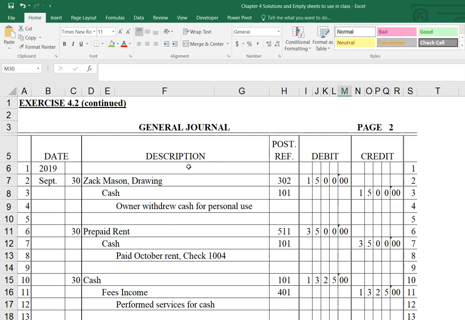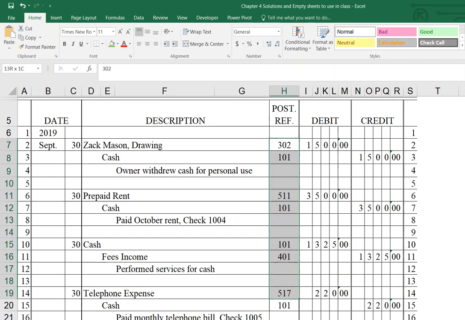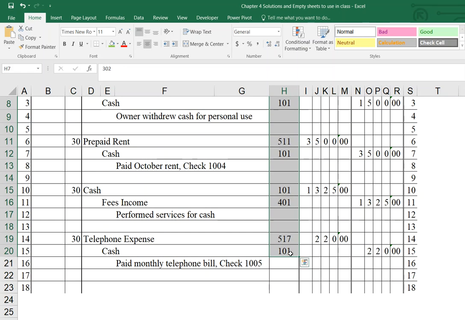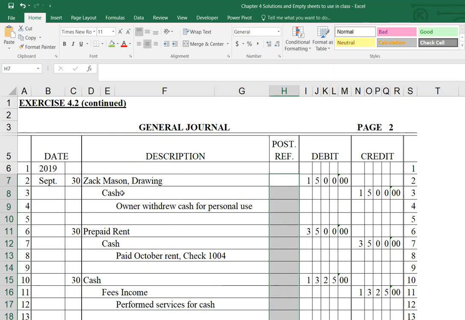And the first item that has cash in it for journal page 2, I'm just going to get rid of these, was our drawing. So Zach Mason took money out of his business, an owner's withdrawal, and that happened on the 30th, and it was $1,500.